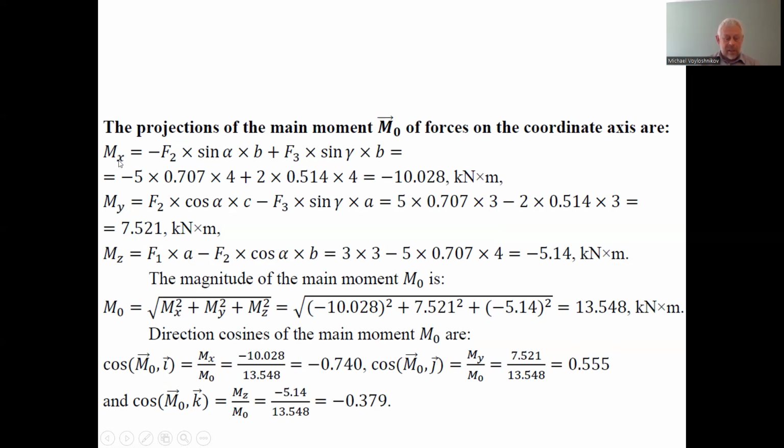If we divide each projection by the magnitude of the main moment, we can find the cosine between the main moment and the abscissa axis x. We find Mx divided by M0 is minus 0.3740. The cosine between the main moment and the ordinate axis is My divided by M0, which is 0.555, and the cosine between the main moment and the applicate axis is minus 0.379.